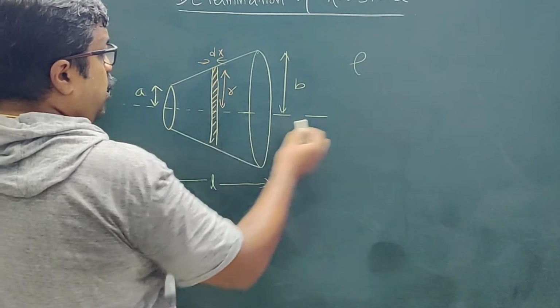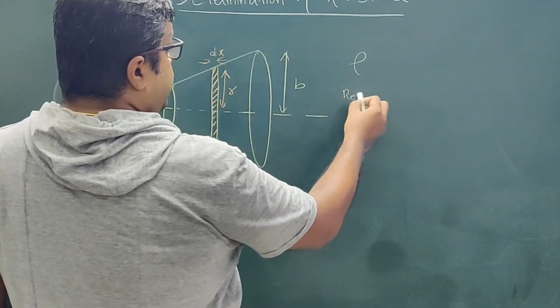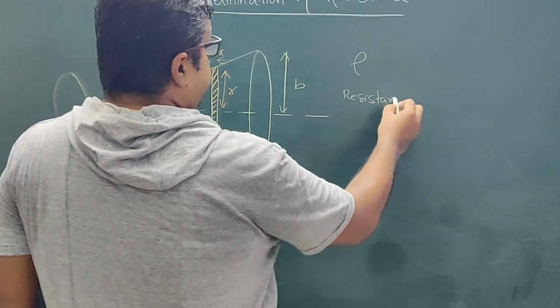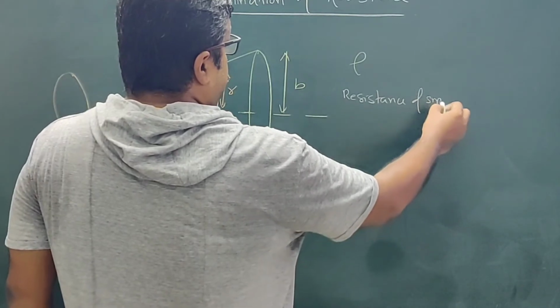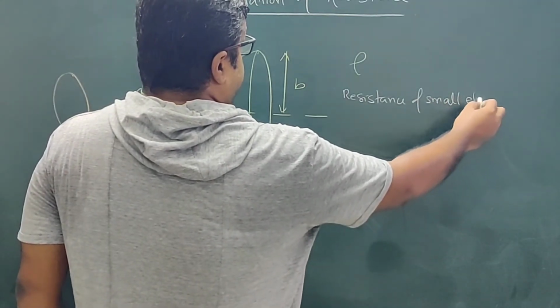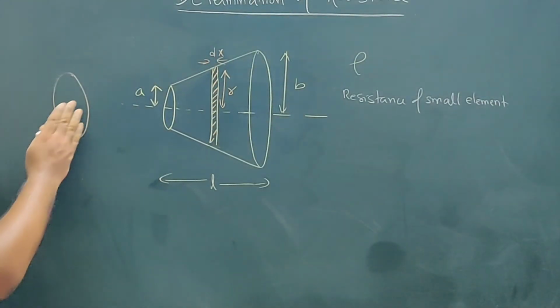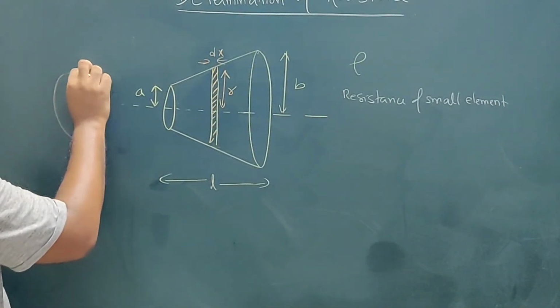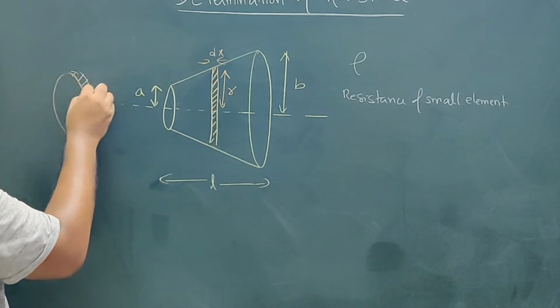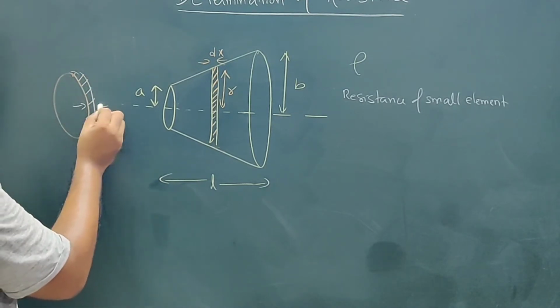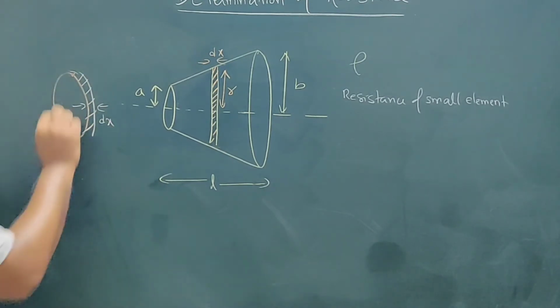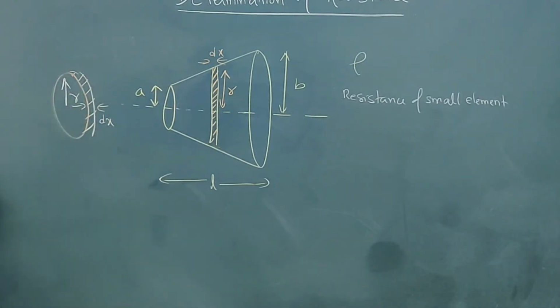For this small element, what will be the resistance? This thickness is dx and the radius is r.